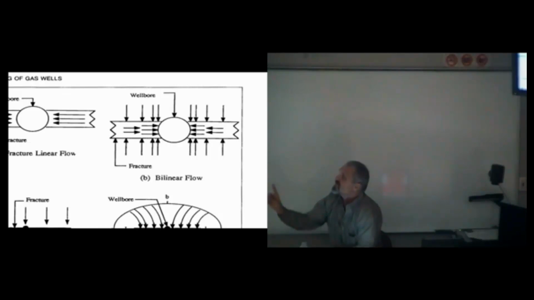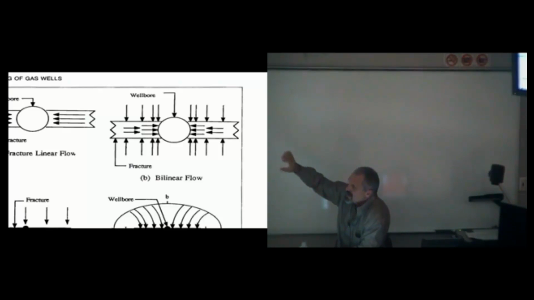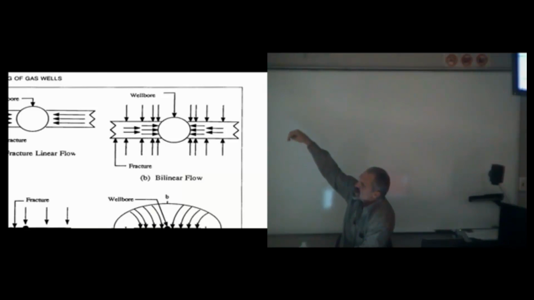Yes, just to feel the tips of the fracture. As you can see in this diagram, you're still flowing from the formation, but the percentage of the formation that's feeding the fracture changes. That's why as you move along the top, you've got two arrows coming in next to the wellbore, and then those get spaced out.